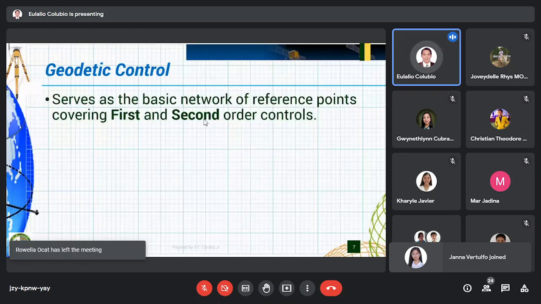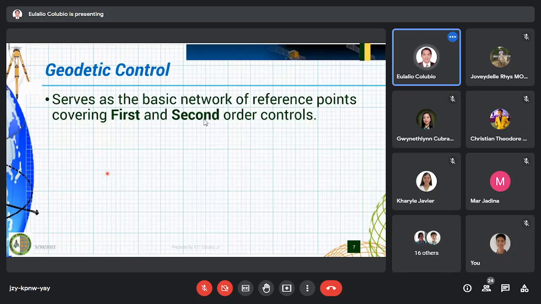So the geodetic control serves as the basic network of reference points that covers the first and second order control. But it doesn't mean it only goes up to second order, there can still be third and fourth order geodetic control. Okay? So mostly our geodetic control stations are first and second order accuracy.